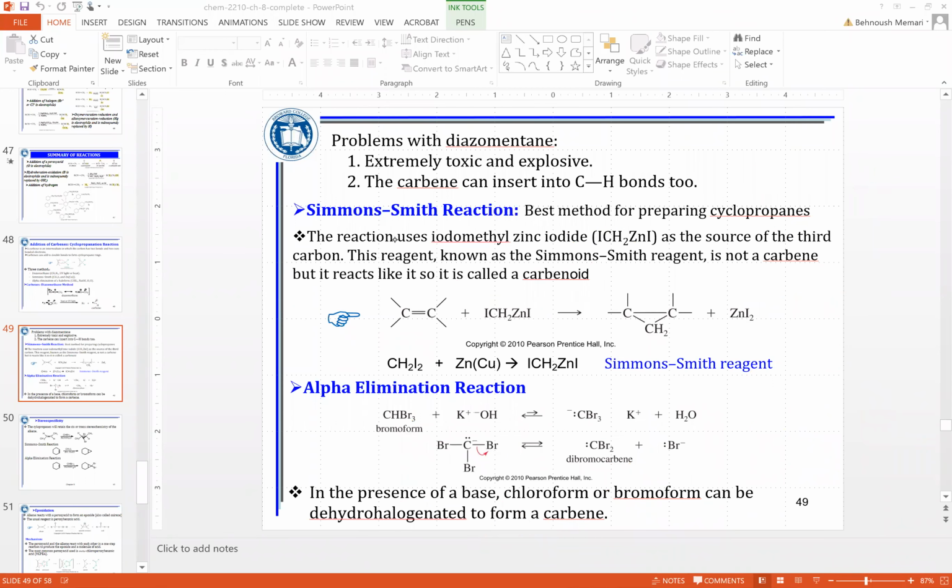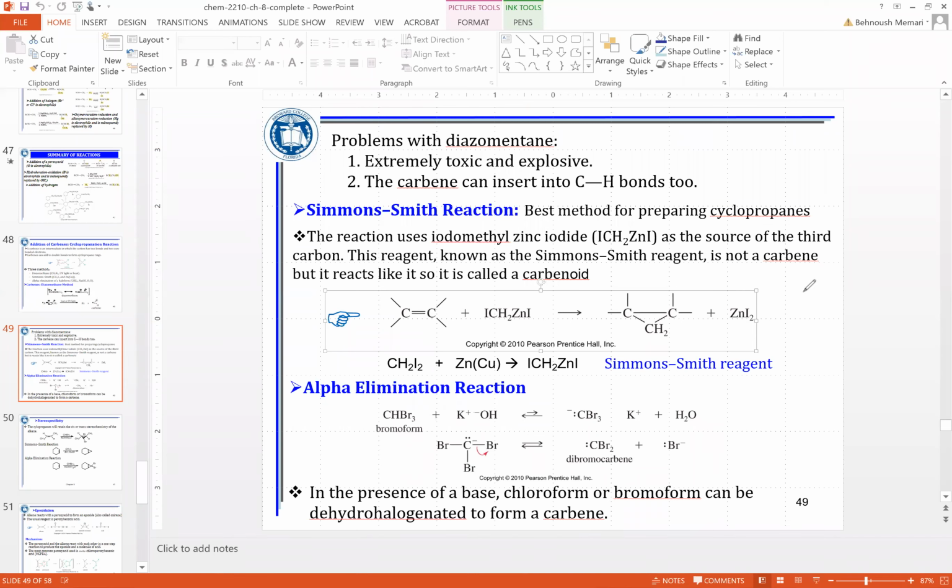Another source for the formation of the carbene is to use the Simmons-Smith reaction. In the Simmons-Smith reaction, you have the iodomethyl zinc iodide. Iodomethyl zinc iodide is going to give you zinc iodide as the byproduct.